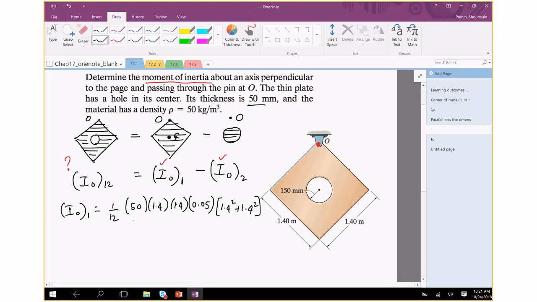So this is the inertia about G. If you want, you can call it G1. Right? The table only gives me inertia about G.